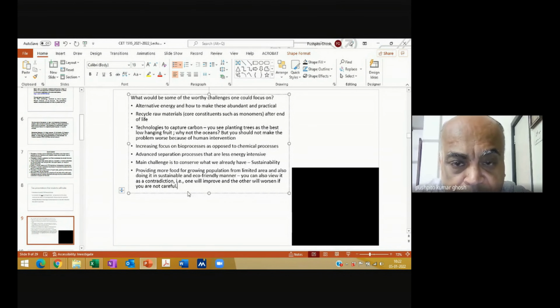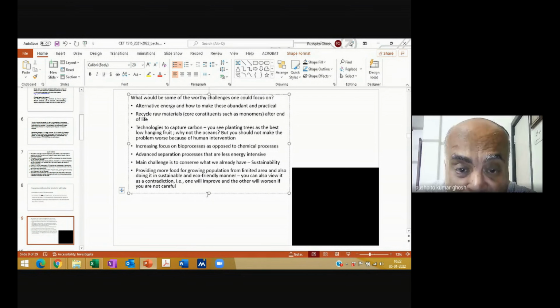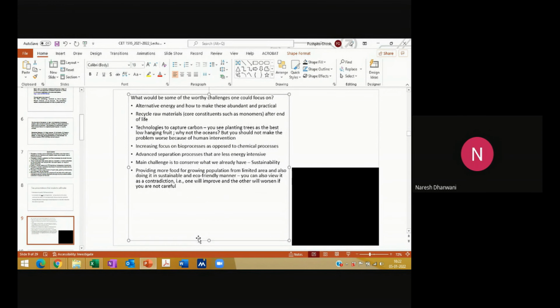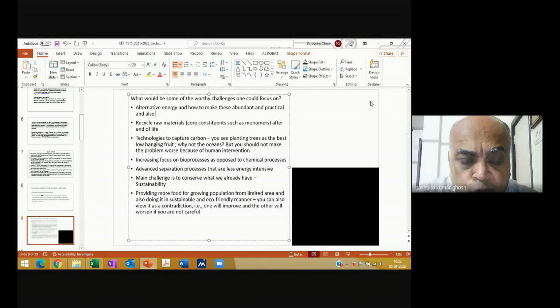Correct? Yes, sir. And another thing is alternative energy storage systems. Yes, because when we are talking about how to make these abundant and practical, and also store them for use over 24/7, right?